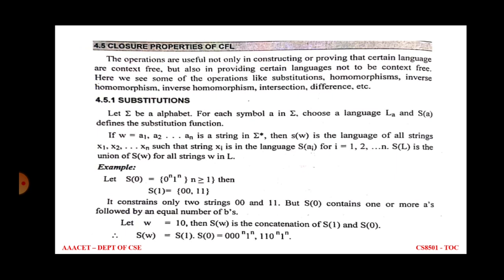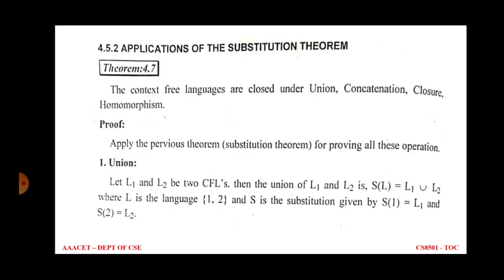The first string 00 is concatenated with 0^n 1^n, so we get 00 0^n 1^n. The second string of S of 1 is 11, which is concatenated with 0^n 1^n, so we get the second string 11 0^n 1^n. This is the concept of substitution.